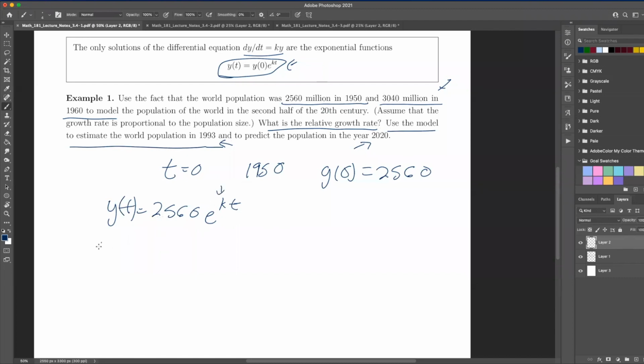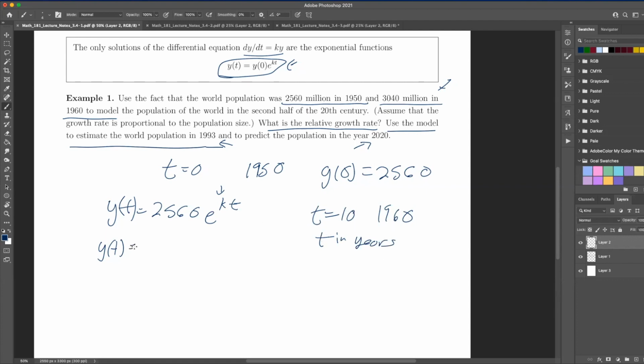So when t equals 10, it's going to be 1960 because that's 10 years later, right? I'm going to say t is in years, just so we have a baseline for it. So t is 10, it's 1960.